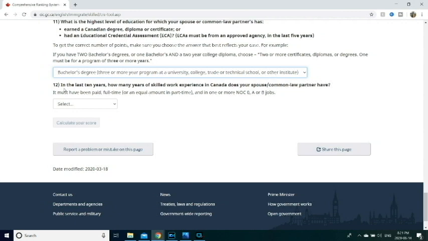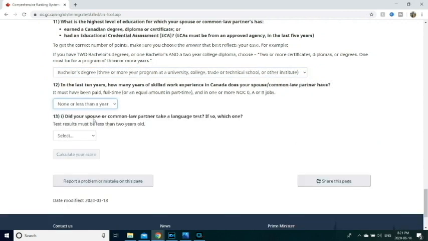So we can read this. In the last 10 years, how many years of skilled work experience in Canada does your spouse or common law partner have? It is going to be 0, none. Did your spouse take a language test? Yes, again, this is a good idea if your spouse can write an English test.